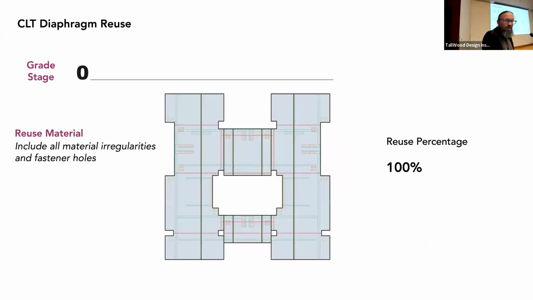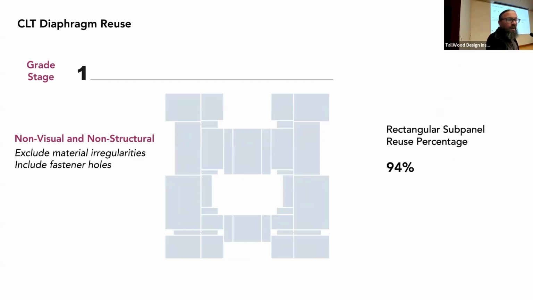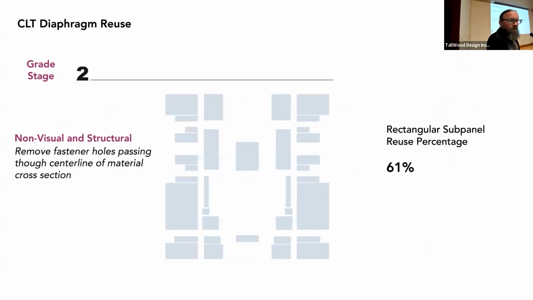That's the premise of the reuse here, and I'll just march through a little example with that CLT floor plate as installed in the building here, getting to the subpanel stage, 94% remaining with some CNC fabrication assumptions. This is including all of those fastener hole zones.